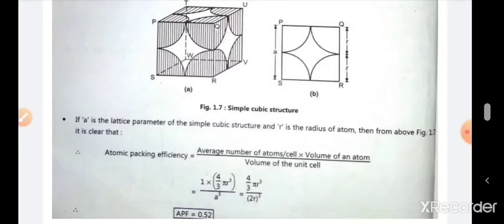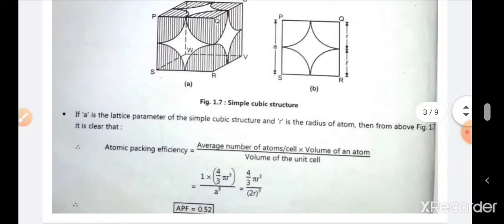We have to consider that number multiplied by the volume of the atom in that unit cell, divided by volume of unit cell. That's why if you check this slide, the volume of sphere is 4/3 pi r cube, where r is the radius of that sphere, divided by the volume of the unit cell.